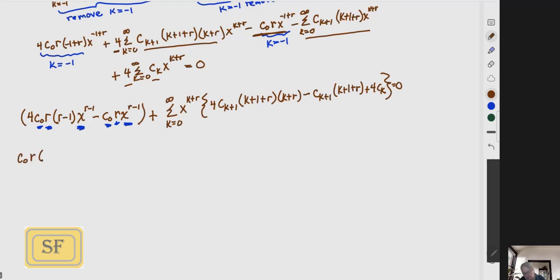C0R x to the r minus 1, and that will leave me with 4 times r minus 1 and then minus 1. I can simplify that. That's 4r minus 4 minus 1, or 4r minus 5. So let me just go ahead and do that.